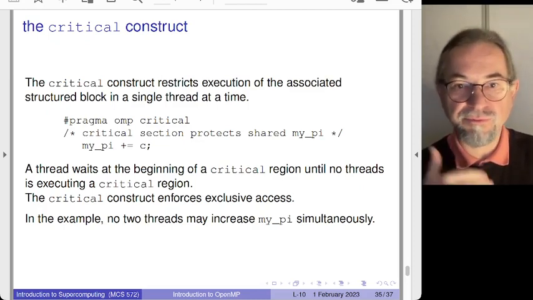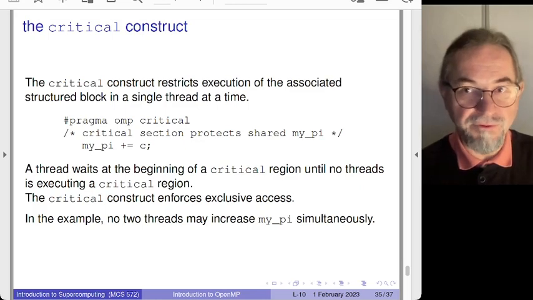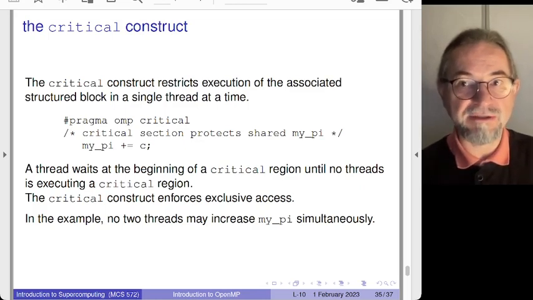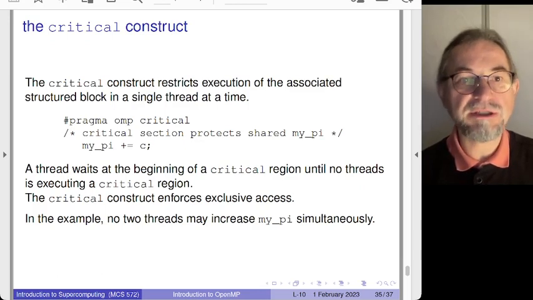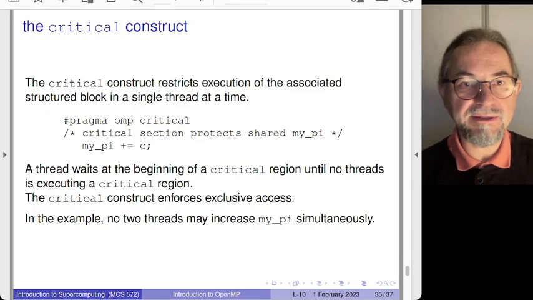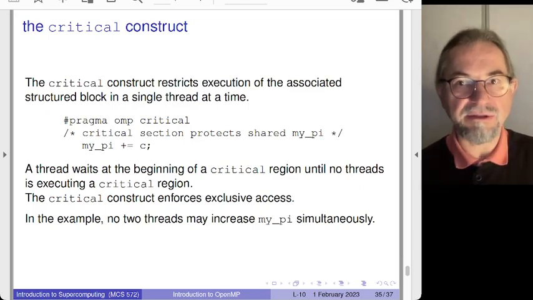If you were to put the function call to the trapezoidal rule in a critical section, then you would have no speedup at all. So it enforces exclusive access. Threads are blocked if they want to update the variable, and there is another thread currently inside the critical section.